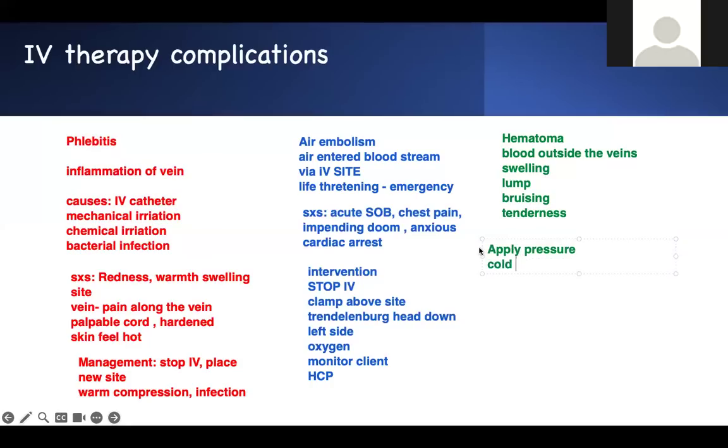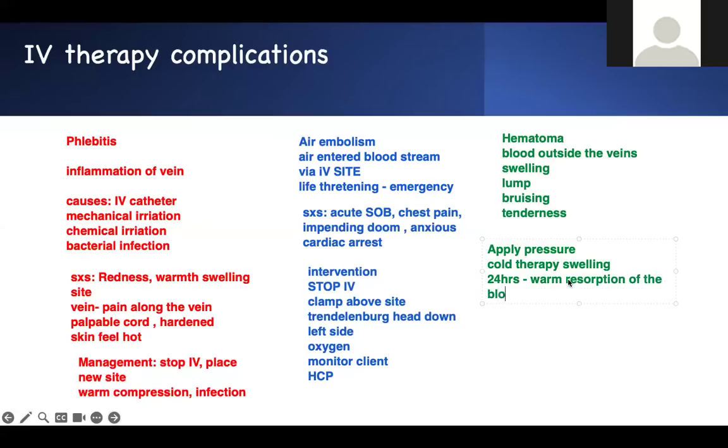Initially, cold therapy, right, to help with the swelling. Then after 24 hours, this is key, you're going to apply warm compression. So cold first to help with the swelling, then after 24 hours warm compression to allow reabsorption, basically reabsorption of the blood.